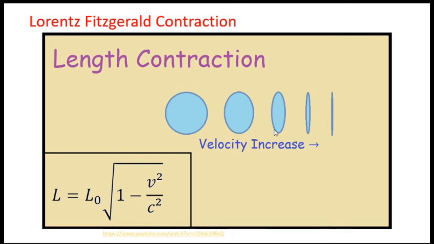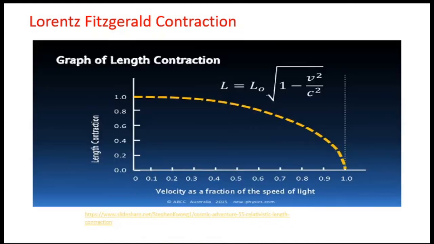But if you observe the perpendicular direction, it has the same length. And what was the relation it has followed? This. From this relation you can see very clearly that if the velocity v increases, this factor in the square root becomes small. Therefore, this L goes on decreasing with the increase in velocity, and that is along the direction of motion.